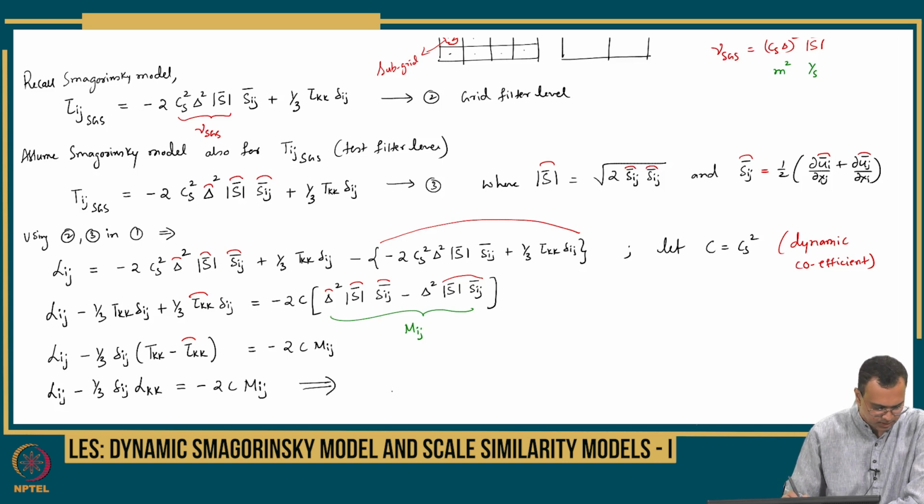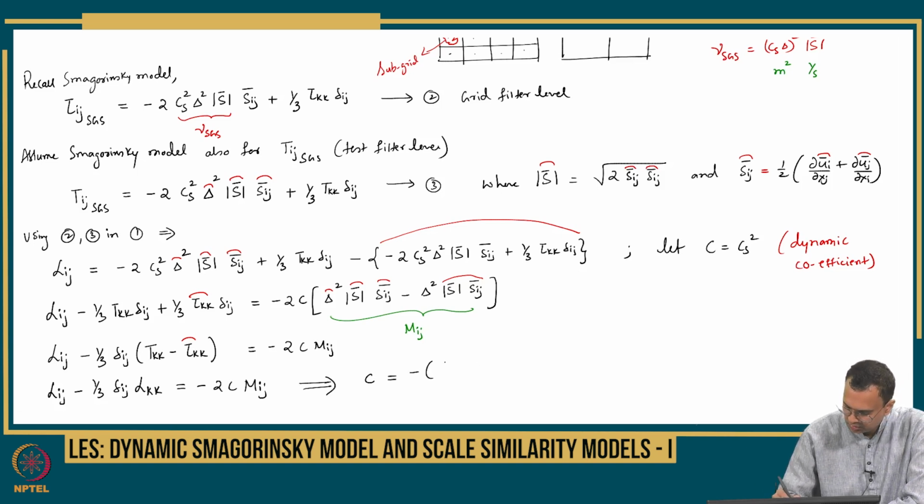If I rewrite this to get C, the objective was only to get the equation for C, right? So I can get C is equal to now minus of Lij minus, sorry, 1/3 Lkk delta ij, minus of this divided by 2 Mij.